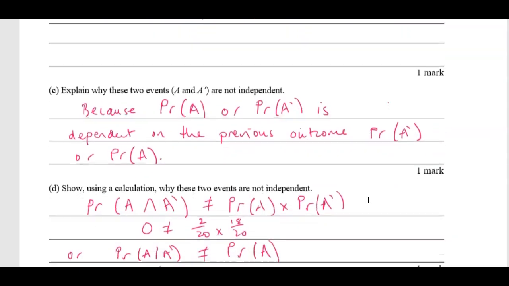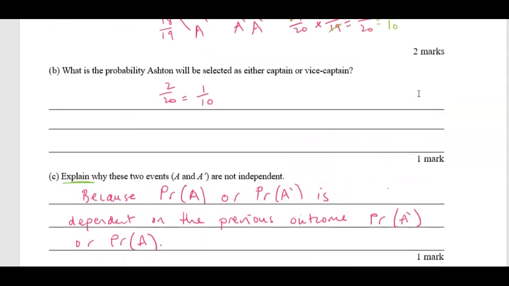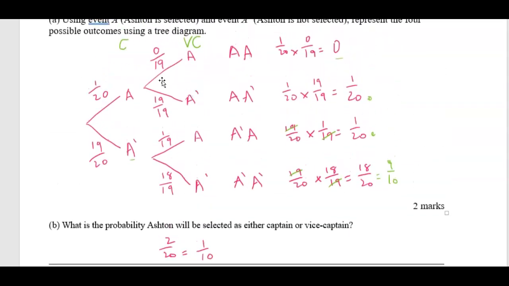Now, question C, you had to explain. I did my best to explain, and I allowed a variety of different answers, but basically the probabilities are not independent, because we're doing it without replacement.